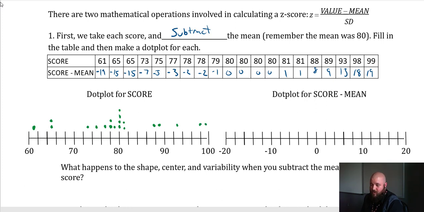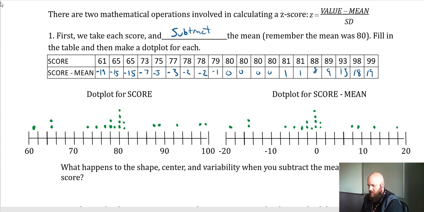So let's see what happened when we subtracted the mean from those scores, if anything changed. So we have negative 19, then we got negative 15, negative 15, negative 7, negative 5, negative 3, negative 2, negative 2, negative 1, 4 at 0, 2 at 1, we got a dot at 8, 9, we got 13, 18, 19.